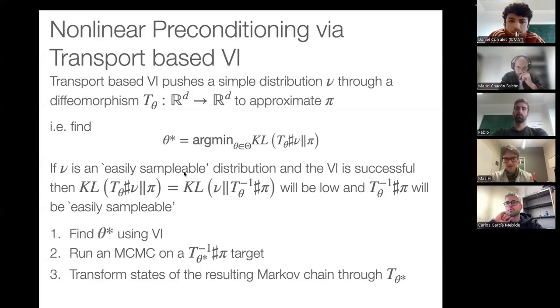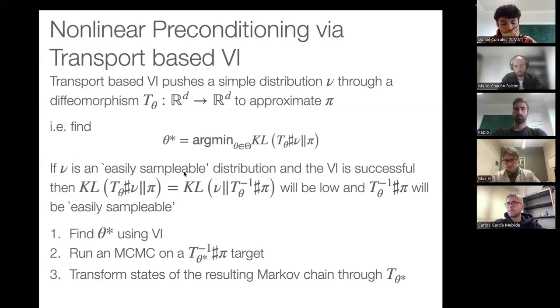Okay. And so we can use this heuristic technique. First, we find a parameterization of some good diffeomorphism theta star using variational inference. Then we run an MCMC on the target pushed forward through the inverse of that diffeomorphism.